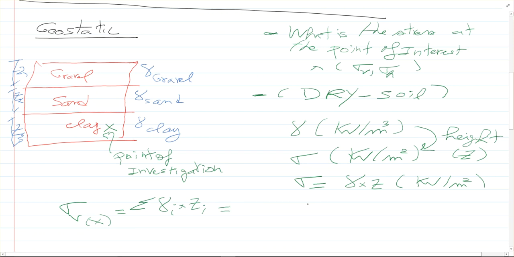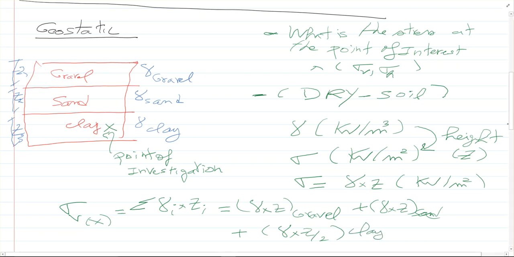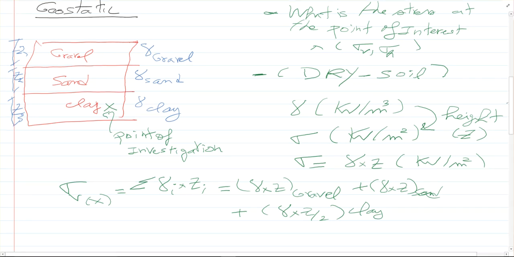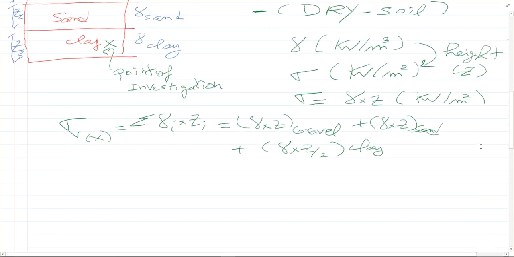So that would be gamma times z for gravel, plus gamma times z for sand, plus gamma times z over 2, because it's the midpoint of the clay layer. So that is the case of a dry material, completely dry.